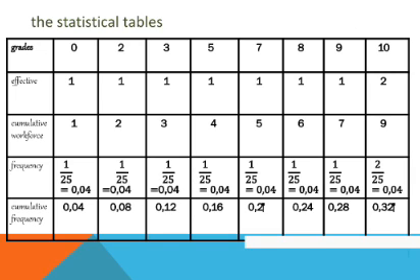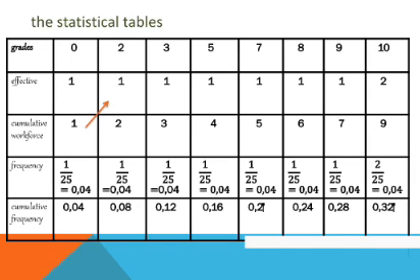The statistical table. Grade 0: effective 1, cumulative workforce 1, frequency 0.04, cumulative frequency 0.04. Grade 2: effective 1, cumulative workforce 1 plus 1, 2, frequency 0.04, cumulative frequency 0.08.